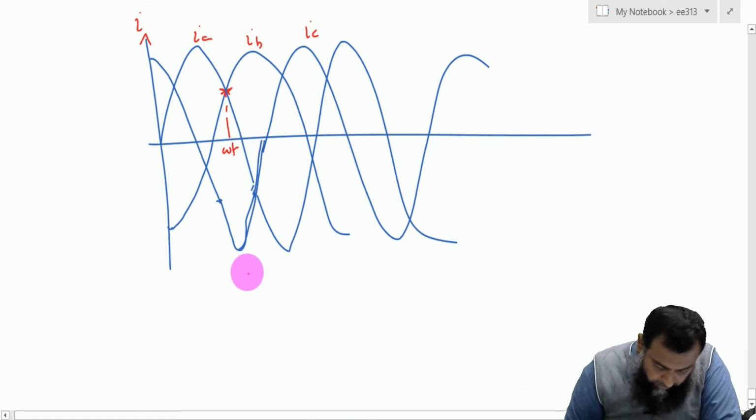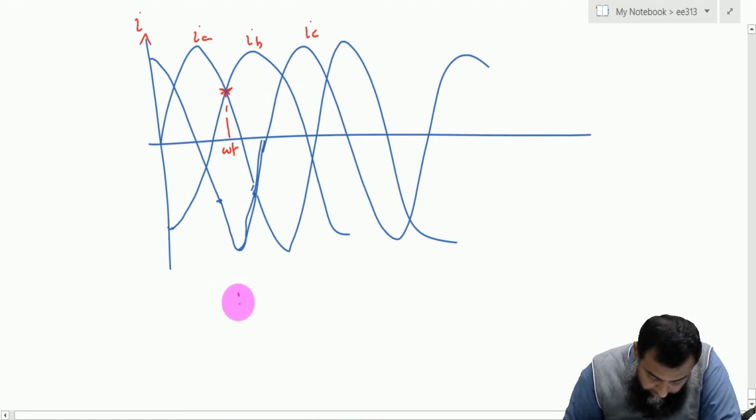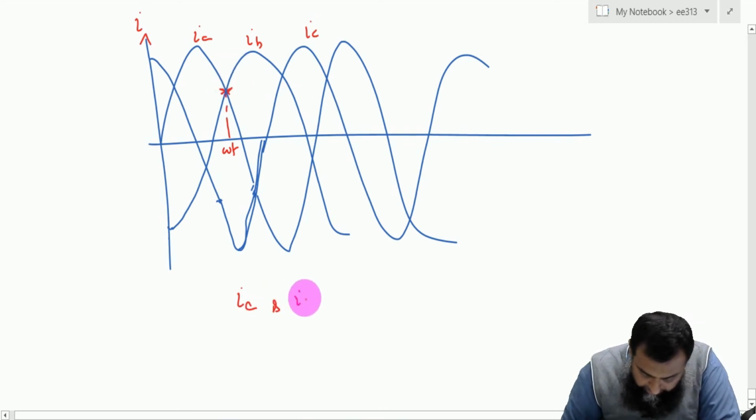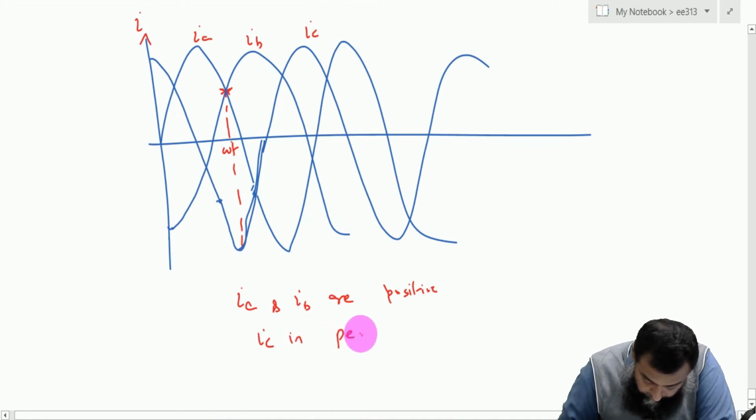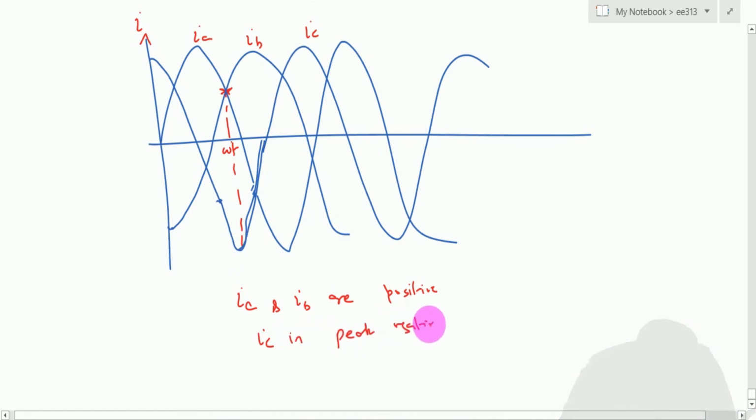At this particular point, we can see that the currents IA and IB are both positive. However, IC is at peak negative. IA and IB are both positive, but they are not at their peaks, because their peaks occur at these two instants. However, IC is at its maximum current, IM.